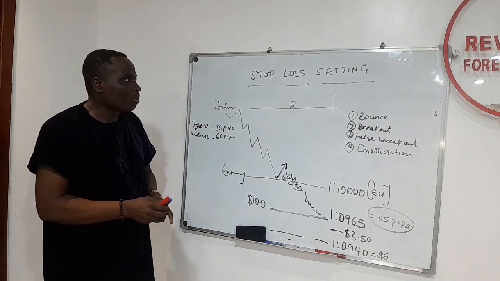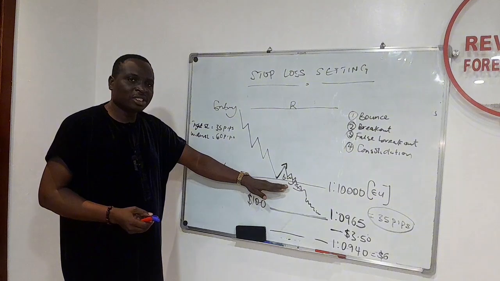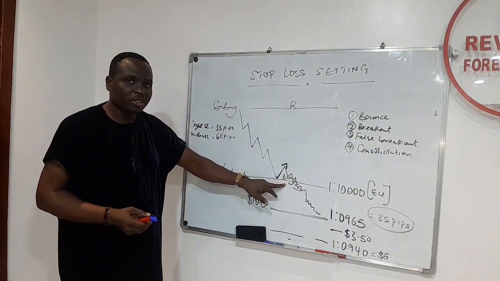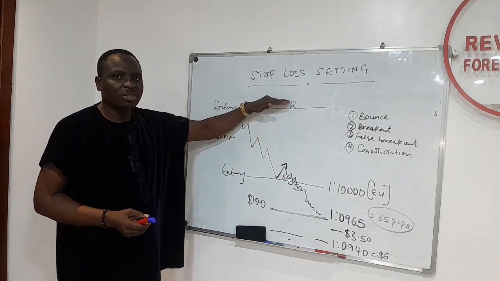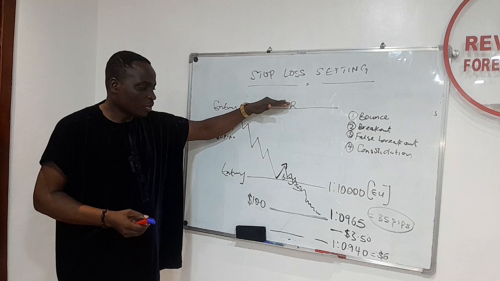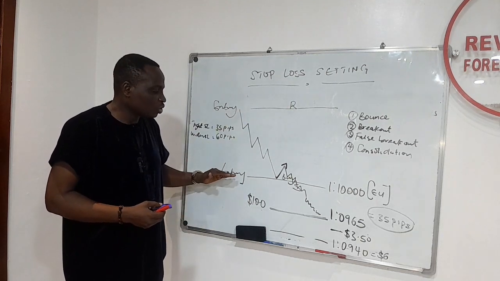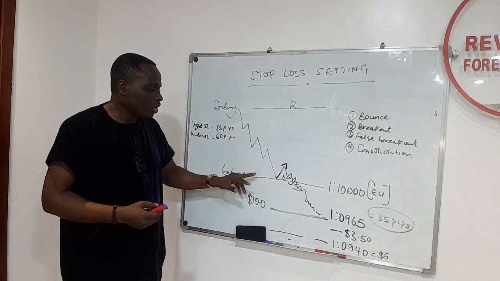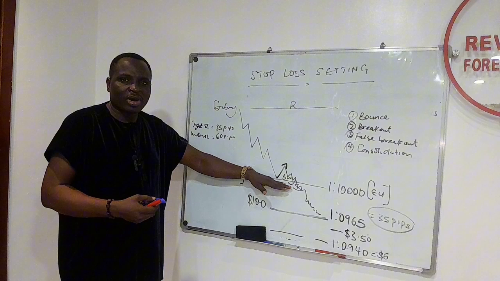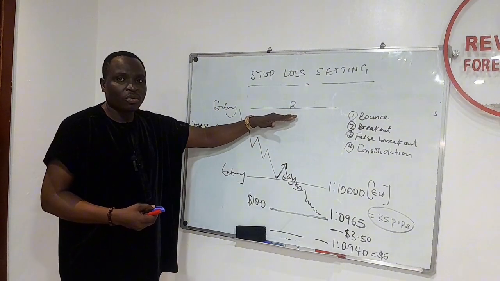So to set your stop loss professionally, make sure that your entry happens at the key levels, either at support or at resistance. This is very, very important. If you're going long, it happens at support, let's say a minimum of 4 hour key level, support or resistance.